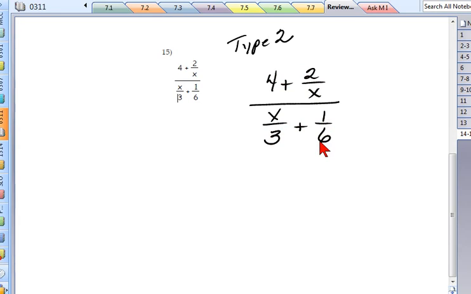How do I simplify type 2 problems? LCD. I have an x, a 3, and a 6. What's the common denominator for x, 3, and 6? 6x. So I need 6x times the first one, 6x times that one, 6x there, and 6x there.